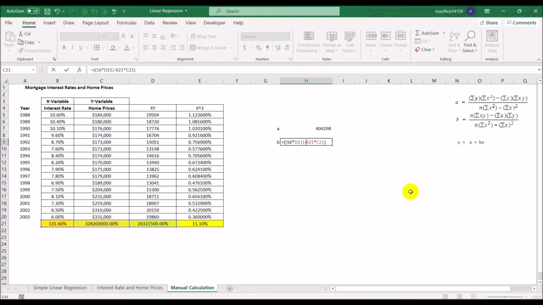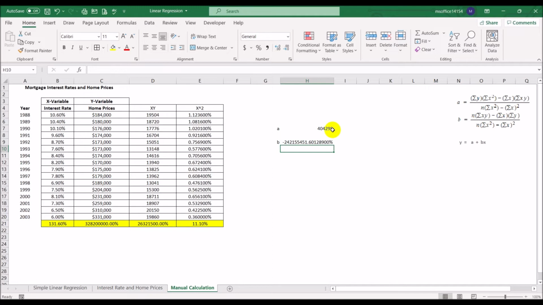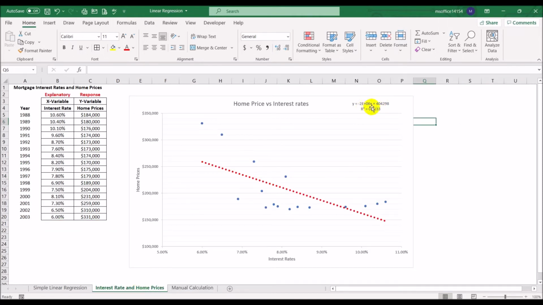Let's put another bracket here also, divided by n, which was 16, into summation of x squared, minus summation of x whole squared. I'm just going to copy the format down here. So it's negative 242,155. That's close to what we've got here.